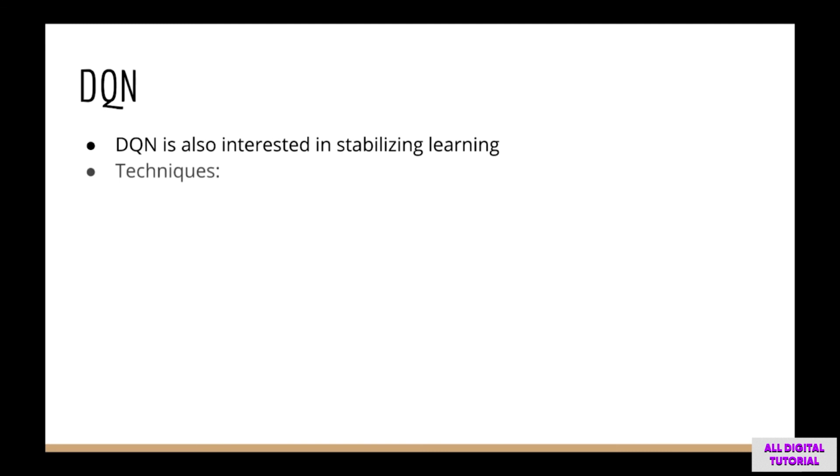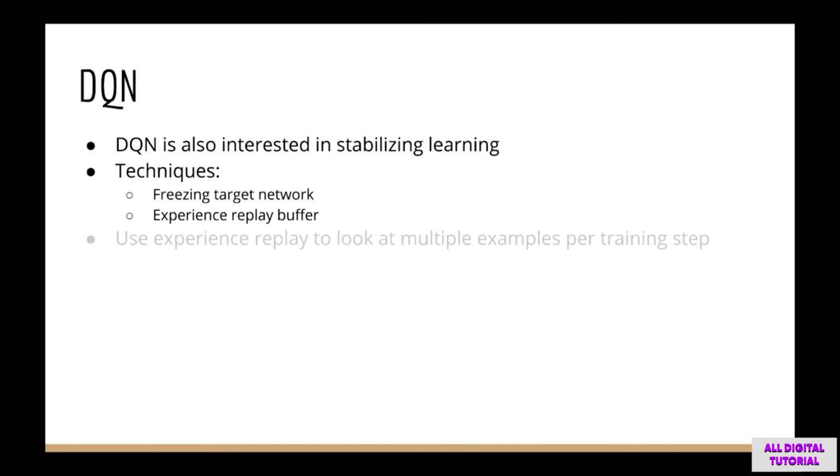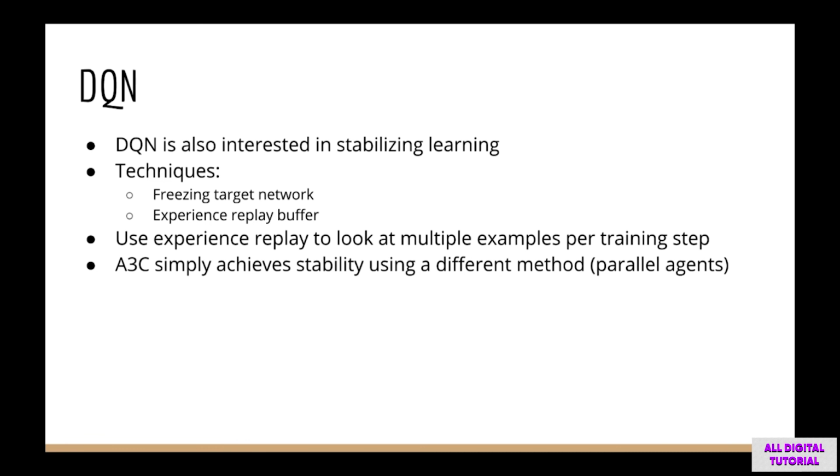In particular, that involved techniques like freezing the target network and using an experience replay buffer. Using an experience replay buffer allowed us to look at multiple examples during each training step, which is a little bit like batch gradient descent, and so intuitively we understand how this helps us stabilize learning. In short, stabilized learning is good, and we can achieve that by looking at multiple samples at the same time.